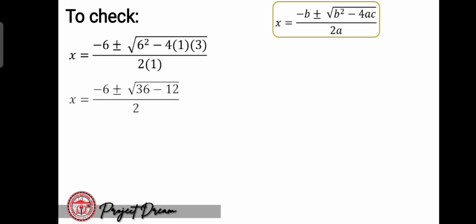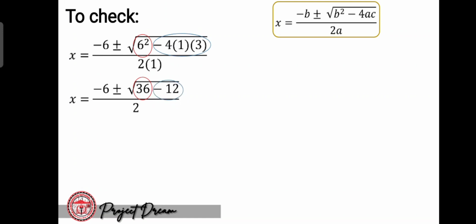Next, we have x is equal to negative 6. We only copy. And then either positive or negative square root of 36, because that is 6 squared, 6 times 6 is equal to 36. And then minus, we have 4 times 1 is 4, and then times 3 is equal to 12.